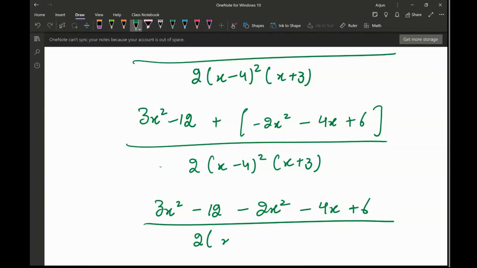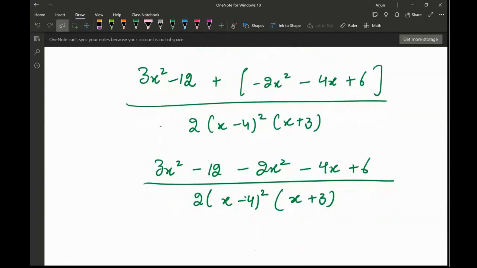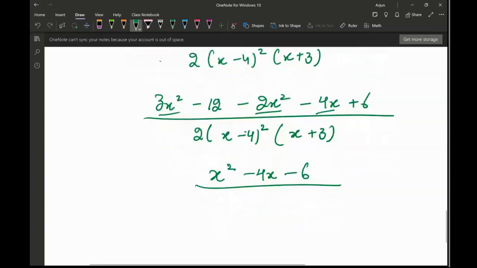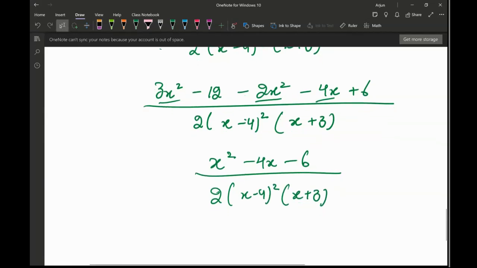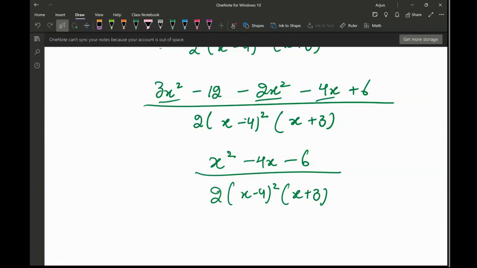collect the like terms from the top. The bottom is going to remain as it is, x plus 3 here, and this will give me x square minus 4x, and this is minus 6 over x, not x, here it is 2, x minus 4 square x plus 3. Now can I reduce the top to some smaller terms?